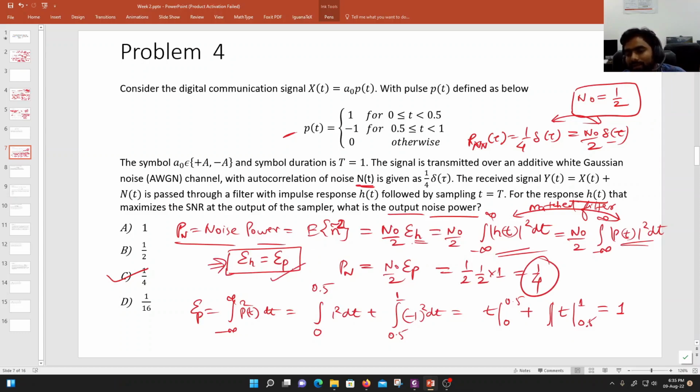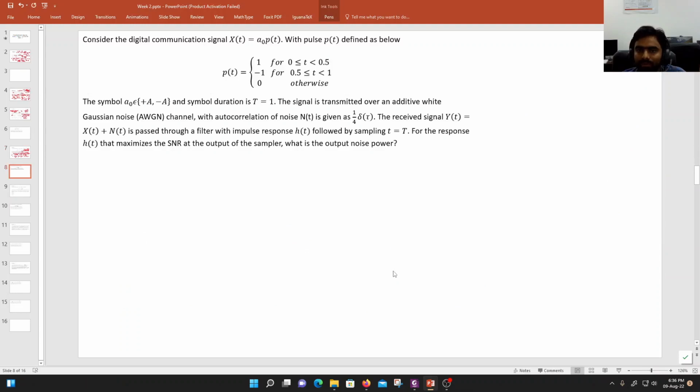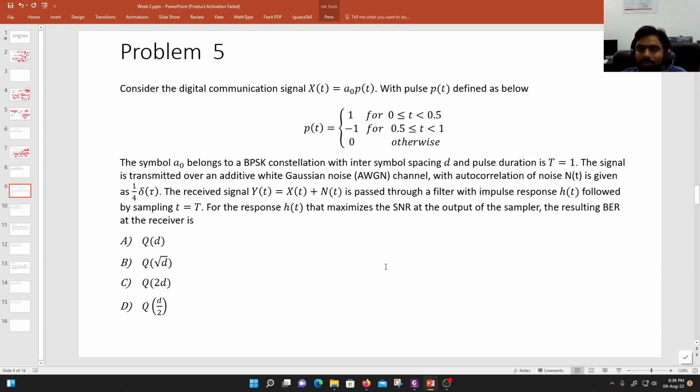So directly we will find the energy of P by this formula and substitute it in the noise power, and N naught is already given by comparing this form for AWGN noise. For AWGN noise, autocorrelation is given by N naught by 2 del of t. Clear? Now we will move to problem number 5.